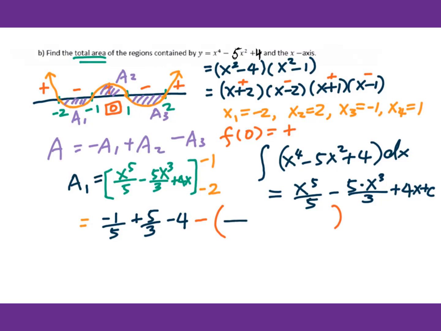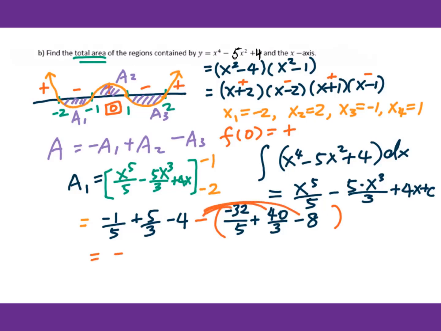You will get negative 32 over 5 plus 40 over 3 minus 8. So you do the distributive property.